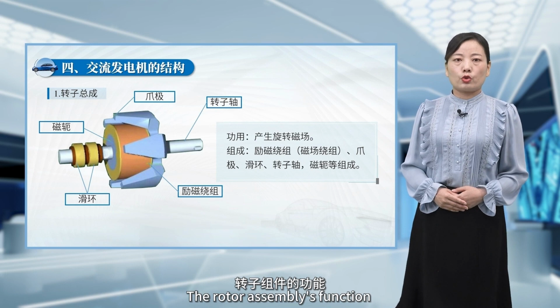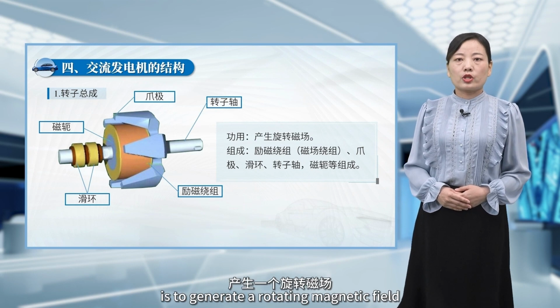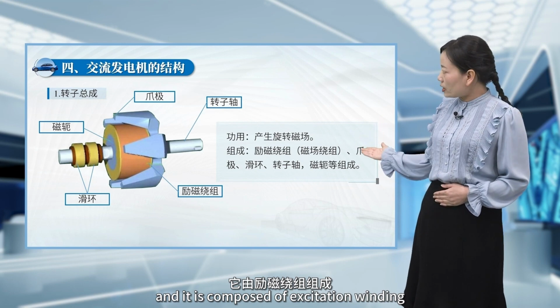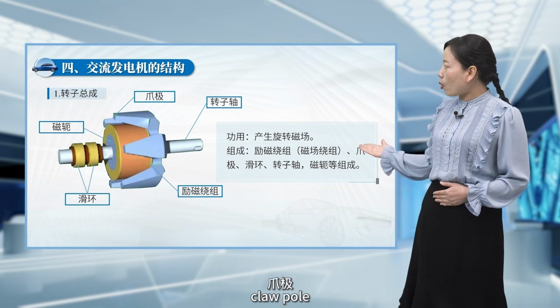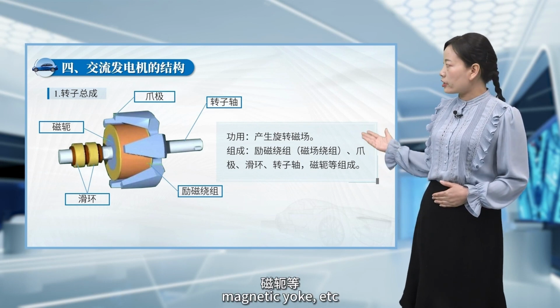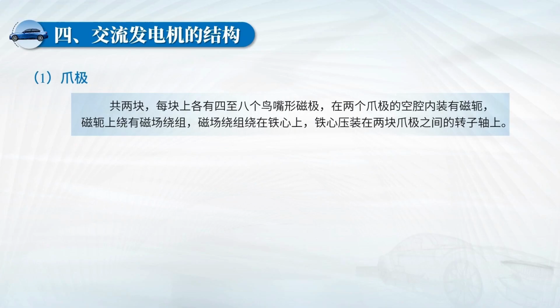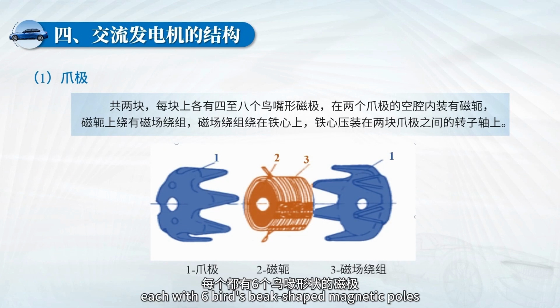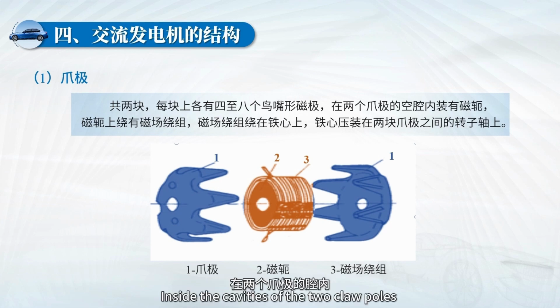The rotor assembly's function is to generate a rotating magnetic field, and it is composed of excitation winding, claw pole, slip ring, rotor shaft, magnetic yoke, etc. The claw pole consists of two pieces, each with 6 beak-shaped magnetic poles. Inside the cavities of the two claw poles are magnetic yokes with magnet winding.